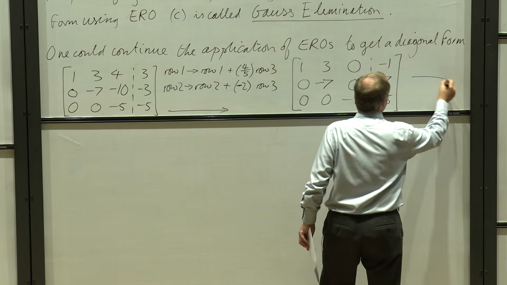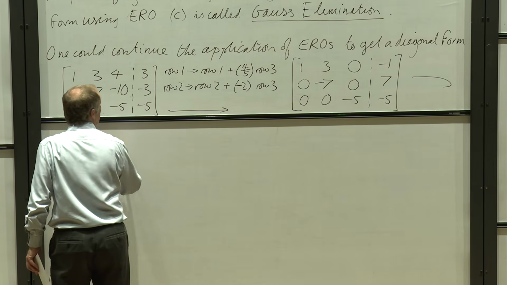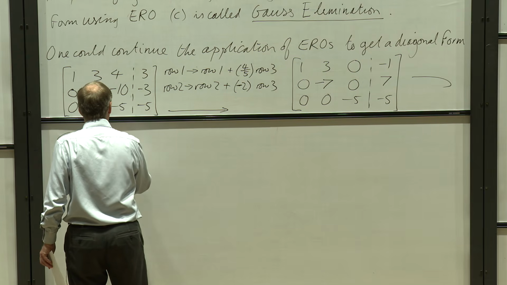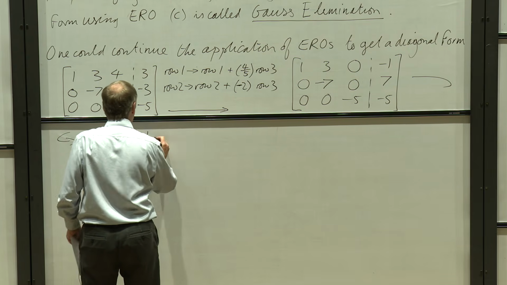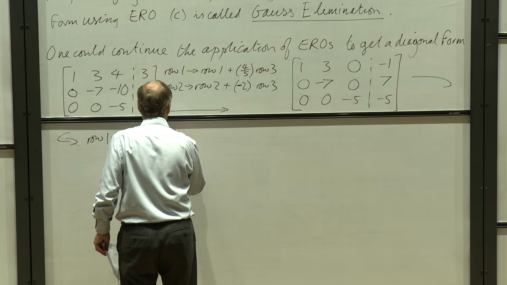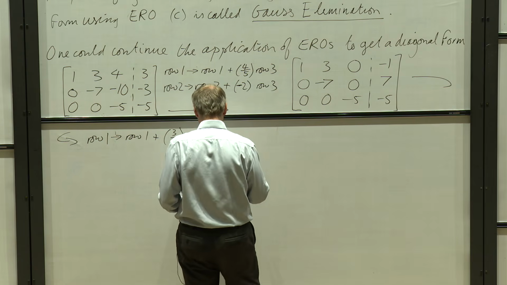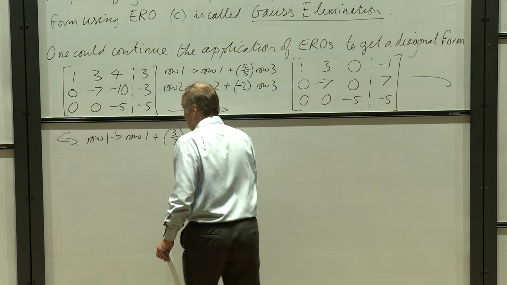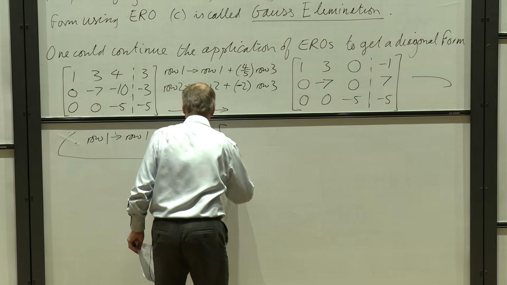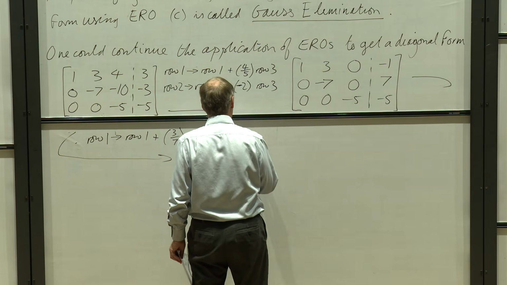So if we again carry on, row 1 becomes row 1 plus, and this is 3/7, isn't it, of row 2. If we get 3/7 of row 2, then this gives us the following matrix. 1, because again this doesn't change.